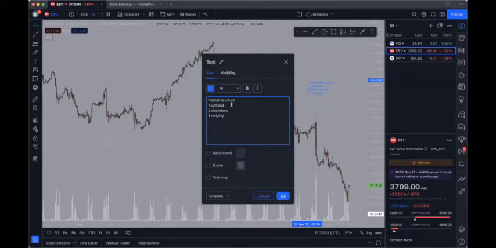So basically, what an uptrend looks like is higher highs followed by lower highs, or sorry, I get that mixed up a little bit. But basically in an uptrend, what you're going to want to be looking for is higher highs.